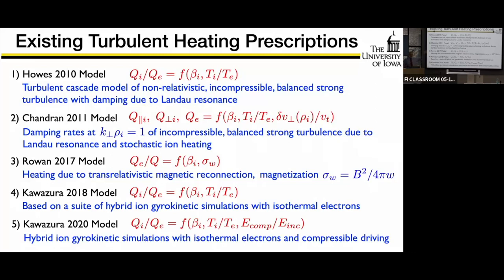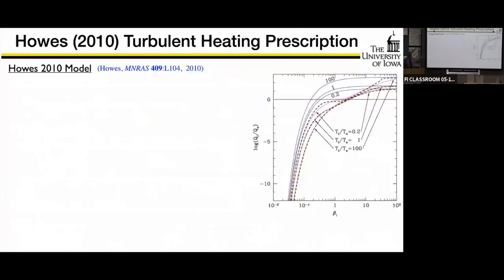So to give you a sense of what one of these models actually looks like, I'll show you my Howes 2010 model. This was published in Monthly Notices back in 2010. What it does is assume that you're driving it at large scale, that you're driving it here. This nonlinear parameter of 1 means that you're driving strong turbulence. There's no compressible fluctuations, and it's balanced turbulence.